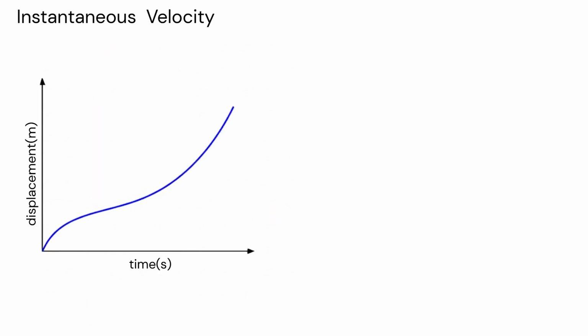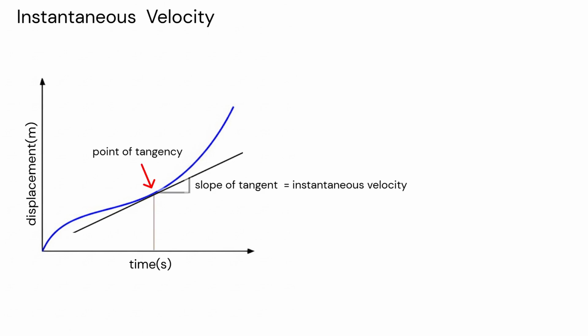Similar to instantaneous speed, instantaneous velocity can be defined geometrically as the slope of the tangent line drawn on the displacement time graph at a specified moment.